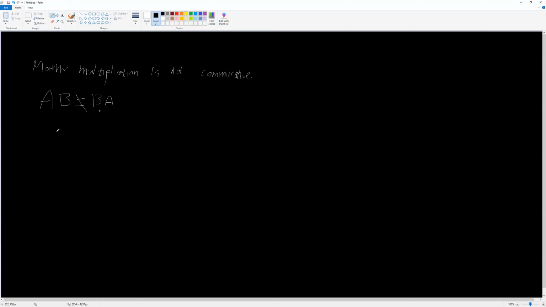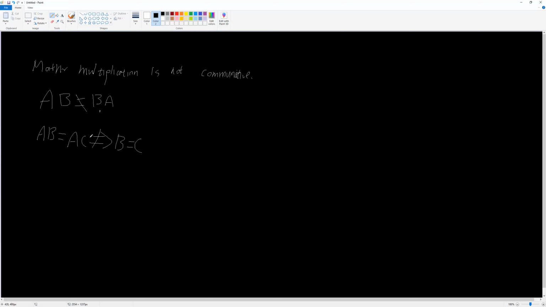Okay. Next, part 2, A times B is equal to A times C does not necessarily mean B is equal to C. If this is true, it doesn't mean that B is equal to C. Now, this has something to do with the matrix A. Now, of course, if B is equal to C, then AB is equal to AC.